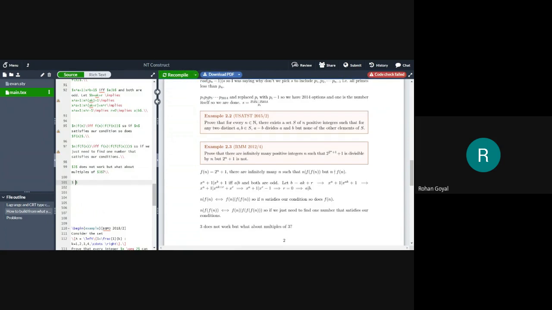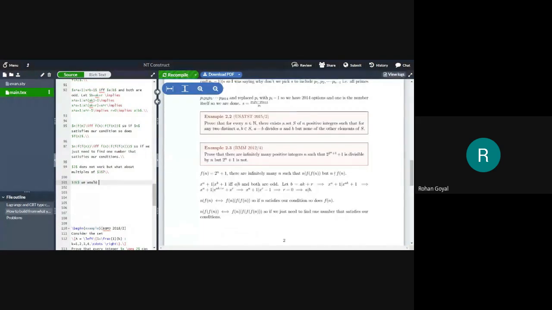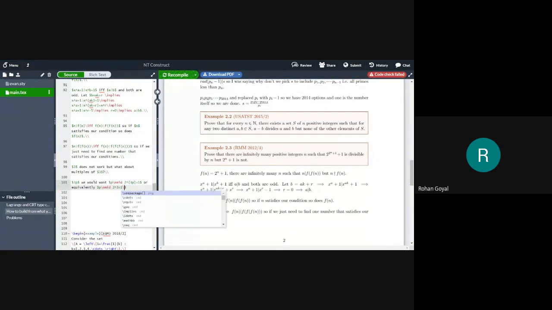If we were replacing 3 with 3k, let's say 3p for some prime p, we would want: p divides 2 to the 3p plus 1, or equivalently 2 to the q plus 1, implies p is not equal to 3.